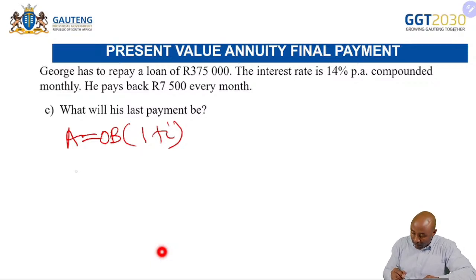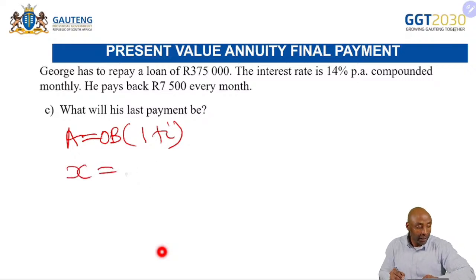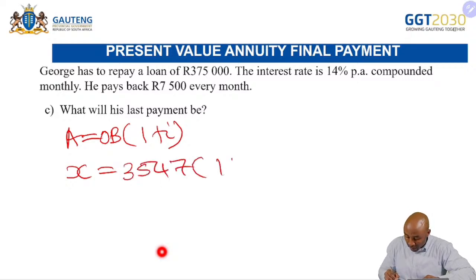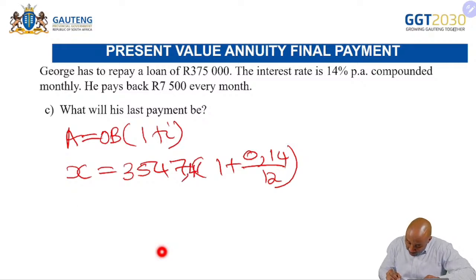So the final amount that you are going to pay, A, or I'll use X, is equal to our outstanding balance of 3,547.46, times 1 plus our I, which is 0.14 over 12.